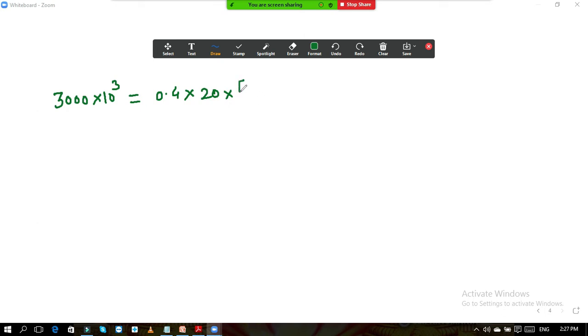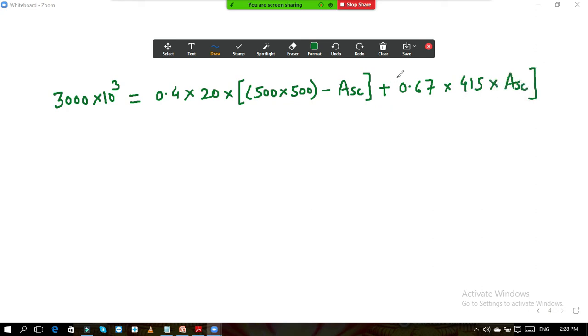So AC will be 500 by 500 minus ASC, plus 0.67, then FY is 415 into ASC as it is. Now solve this equation. There is only one unknown, ASC. ASC is nothing but area of steel under compression. Calculate this and let me know the value.